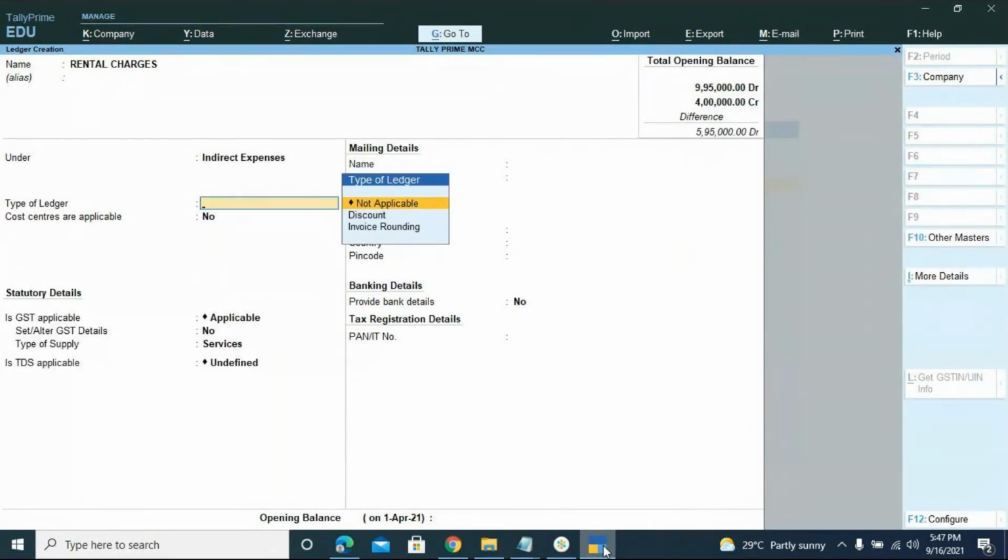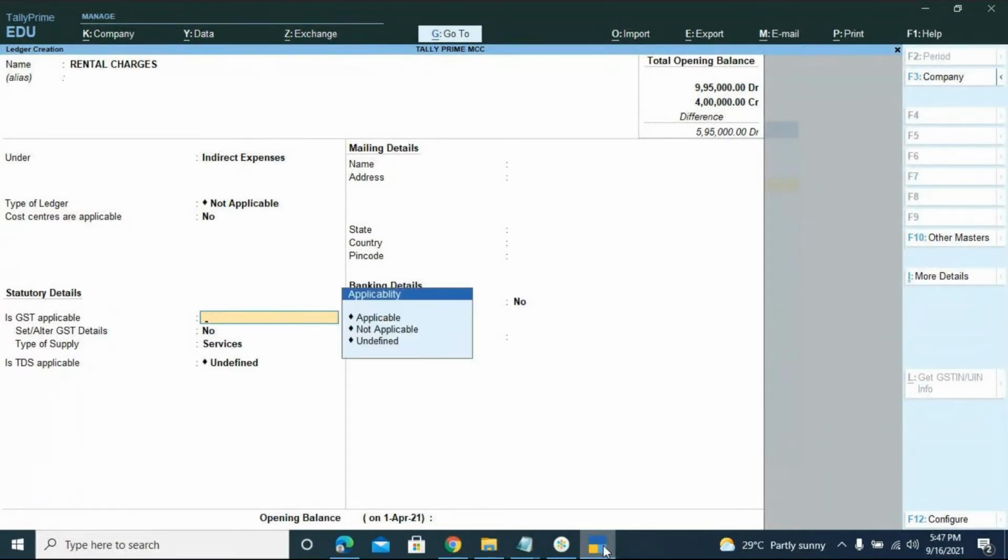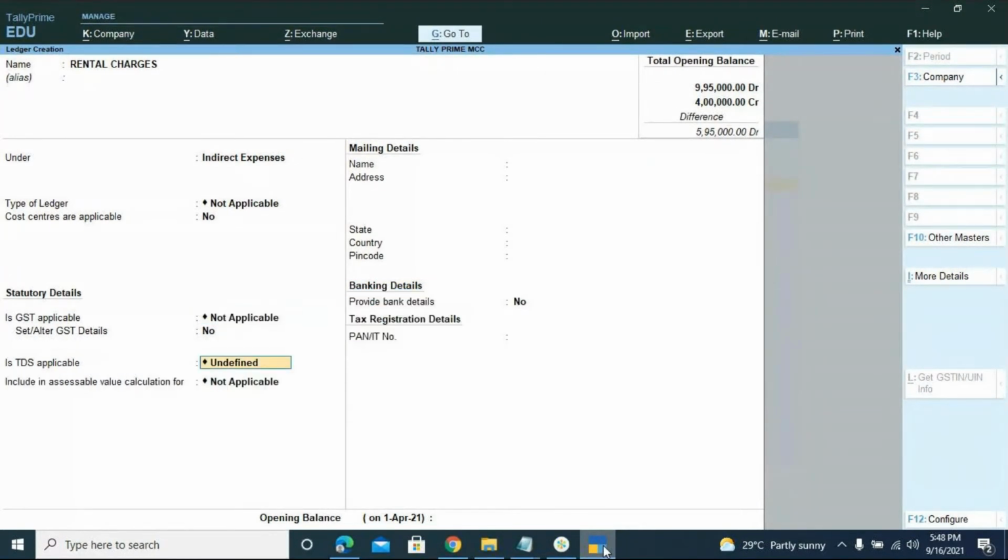Type of ledger not applicable. Cost center not required. You can give it as no. GST you can rule out for this. Is GST applicable? You can give it as no. In case it is applicable, we can also go for the same. As of now, we can give it as not applicable.